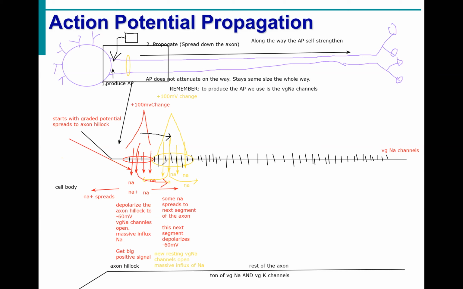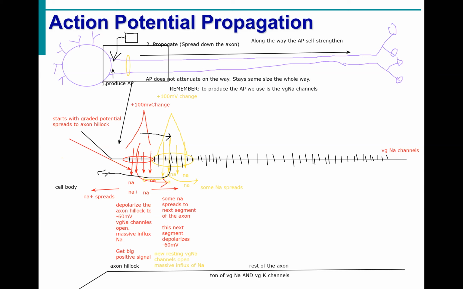Of course, at this point here, the exact same thing is going to happen again. Some of the sodium spreads. Now notice, sodium will again spread in both directions. Some of the sodium, and because I'm running out of space, I will write it over here to the side.